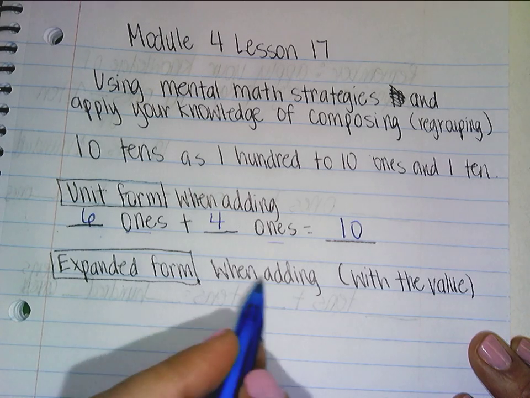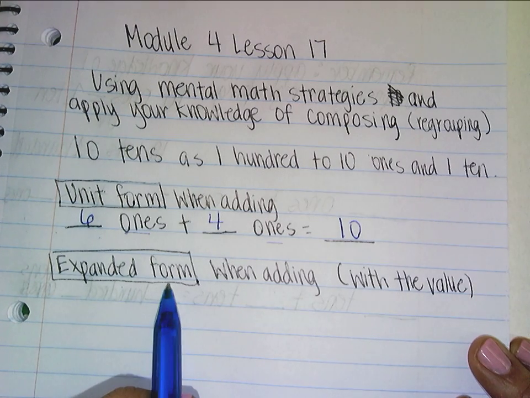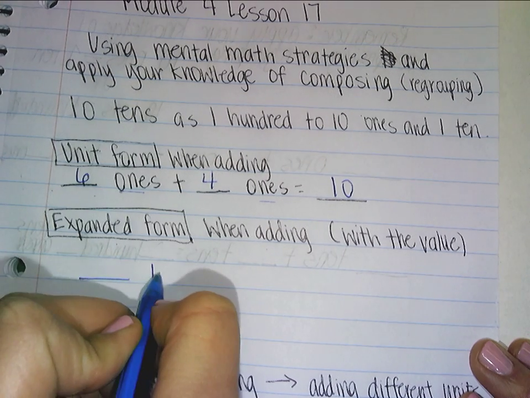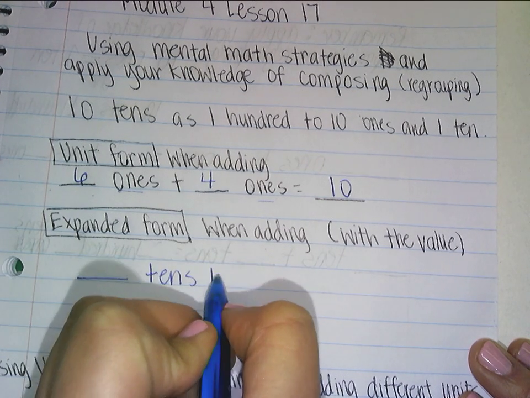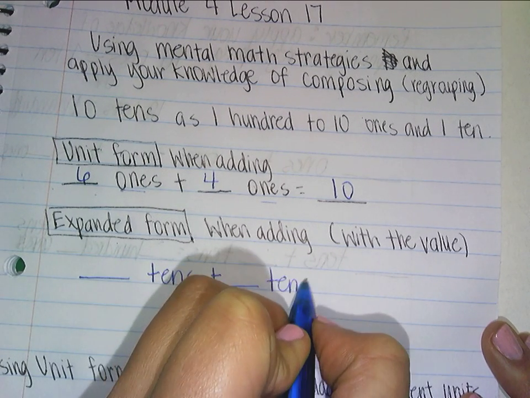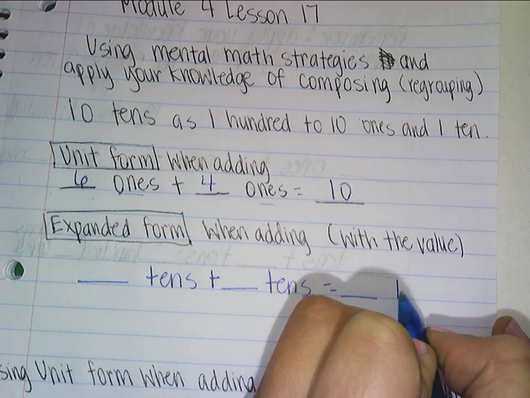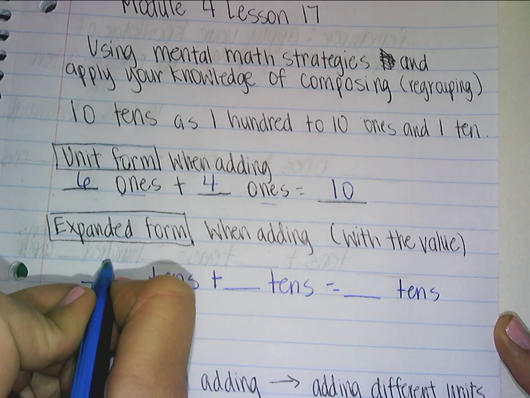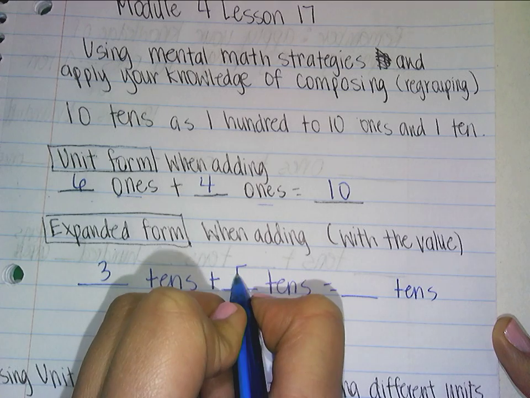Expanded form when adding. So you're applying that knowledge again. So you're using that expanded form. For example, if I have tens this time, so this is my unit form. Let's say I have 3 tens plus 5 tens.